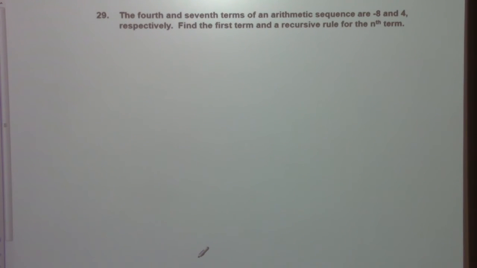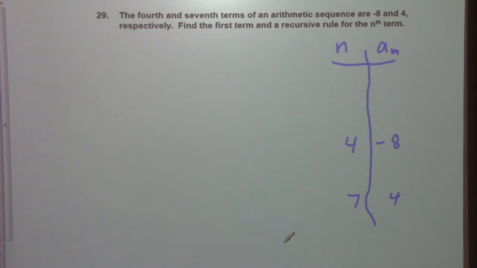In 29 and 30, I'll just show you what it looks like. There are alternative ways to set these up, but what I like to do is construct a table, kind of like this. I'm going to put n here and a sub n over here. We have the 4th and 7th terms, so I'm going to put 4 here and 7 here, and the 4th term is going to be -8, and then the 7th term is going to be 4, and so that's kind of what it looks like.